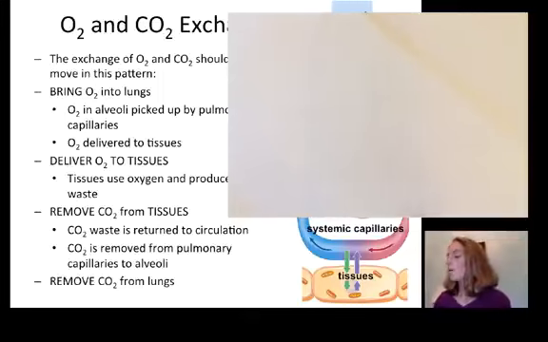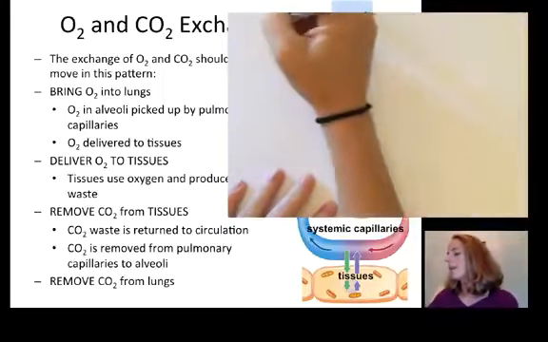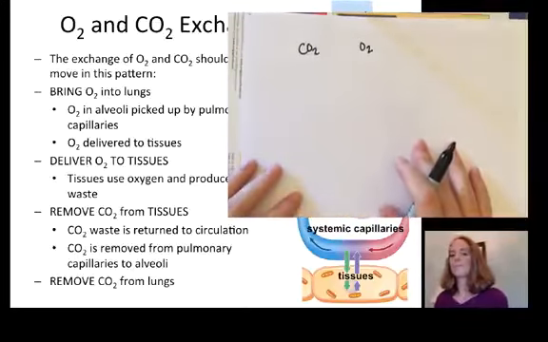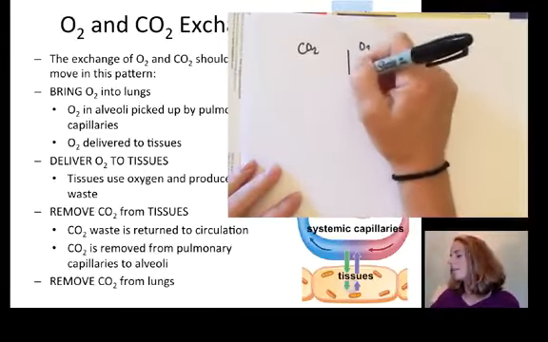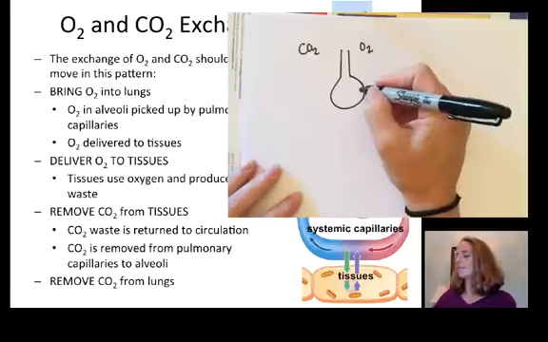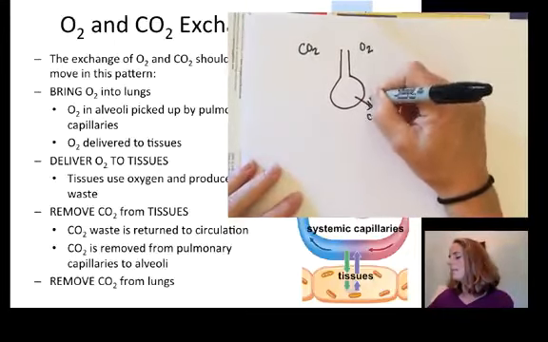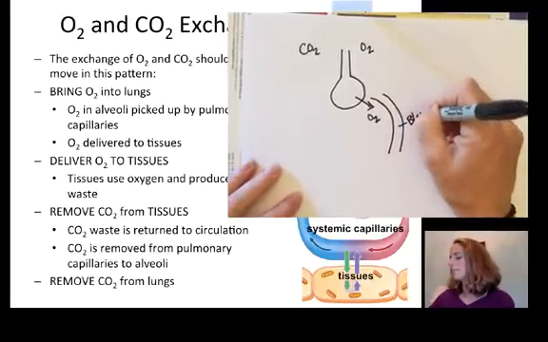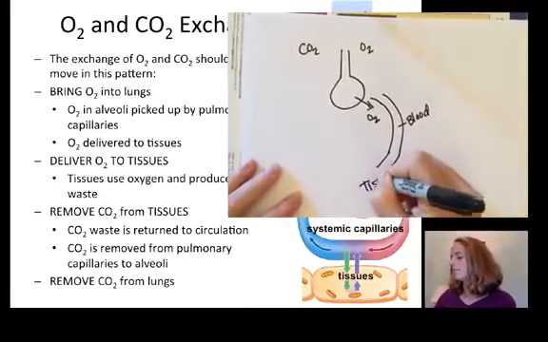Okay, so we have oxygen and carbon dioxide in the air. We want to bring that air into the lungs. I'm just going to draw one side of the lungs so that we can put oxygen into the blood and deliver oxygen to the tissues.